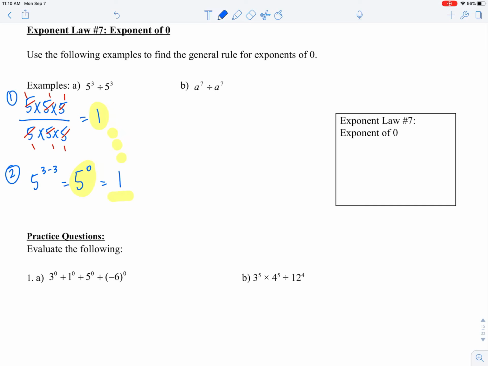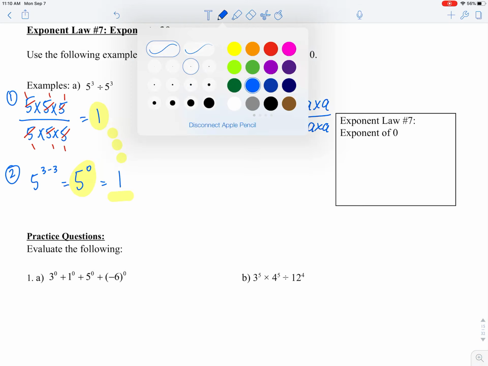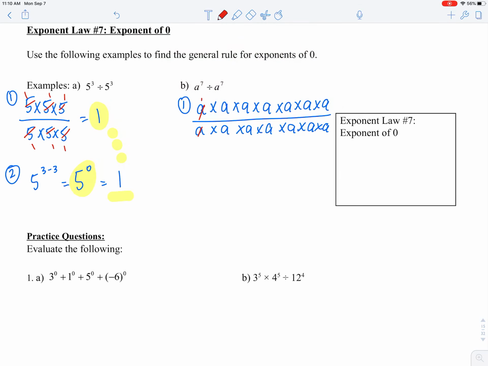And the same thing would be true if we were looking at it with A's, so A to the 7 divided by A to the 7. That's a lot of A's to write. 1, 2, 3, 4, 5, 6, 7. They all cancel out. A into A leaves us with ones.